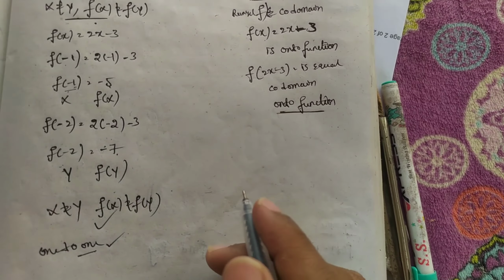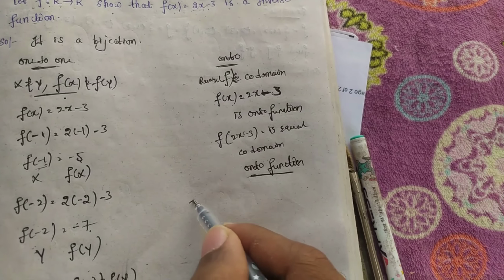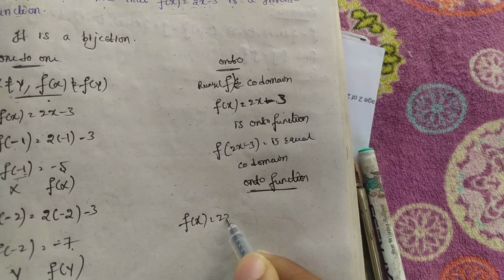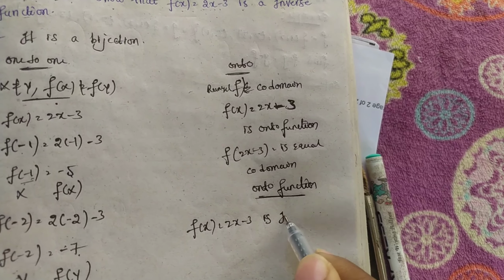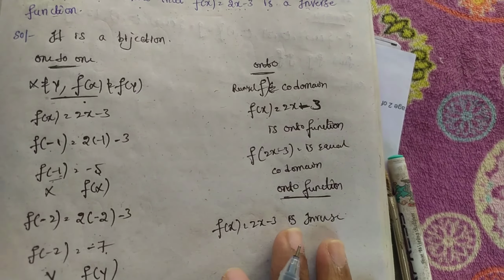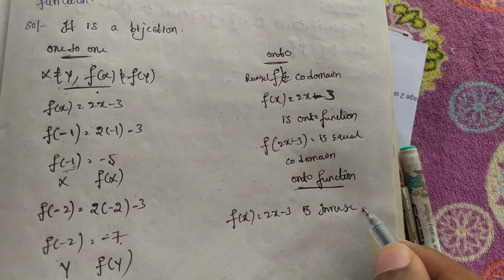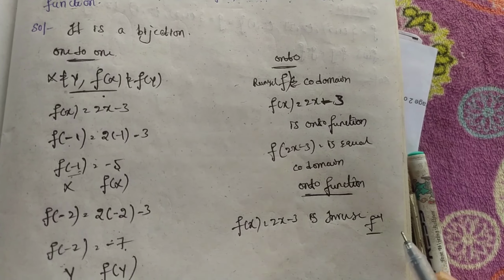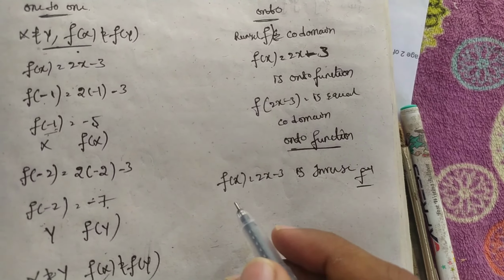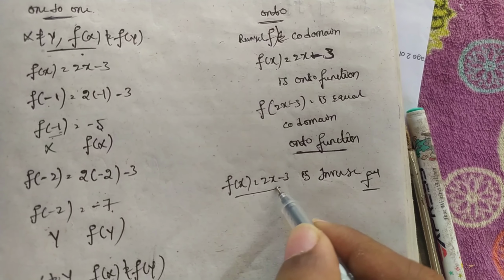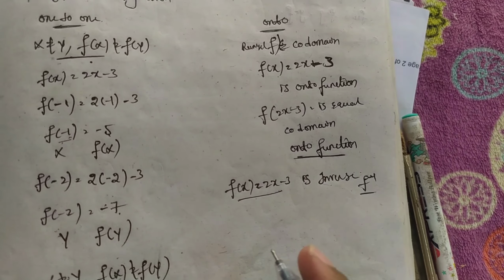Now we have to answer the given question: is f(x) = 2x - 3 an inverse function or not? Coming to the inverse function, find the f inverse of the given function. We know f(x) = 2x - 3 is the given function.